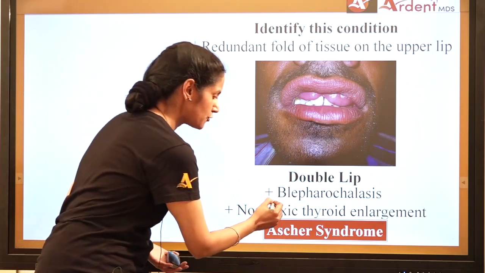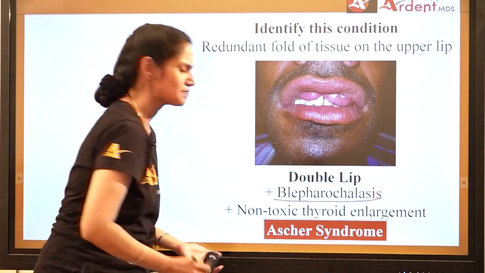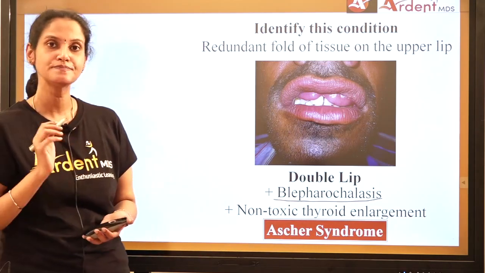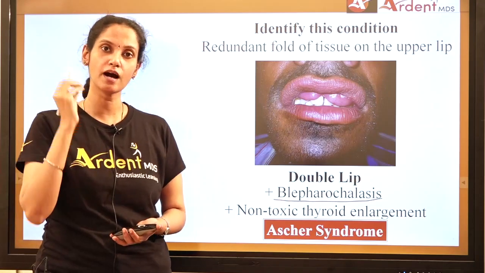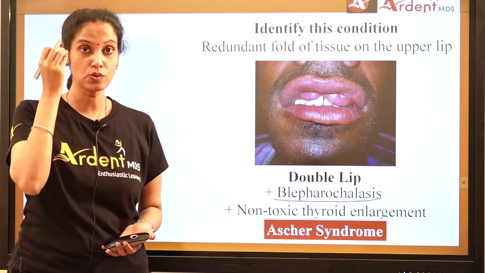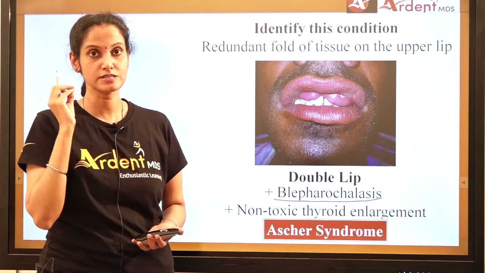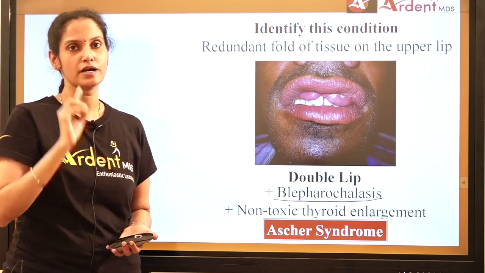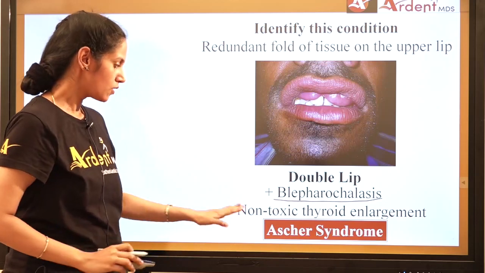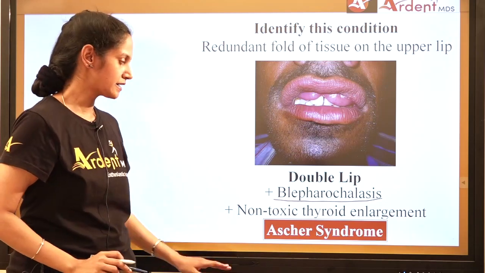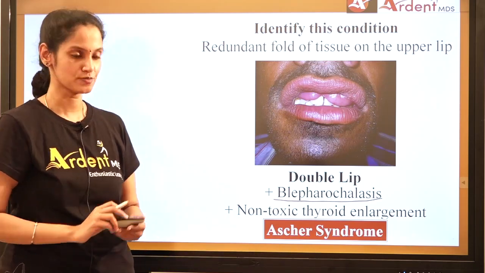So, is this word new for you? Blepharochalasis is nothing but an edema of the upper eyelids. The edema is so much so that the upper eyelid will start to sag and the patient's vision might be obscured. Along with non-toxic thyroid enlargement and double lip, you call it Asher syndrome.